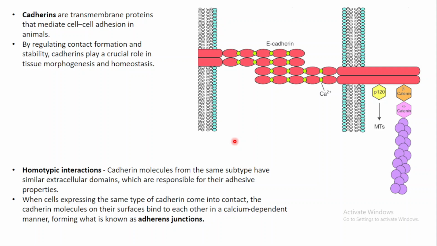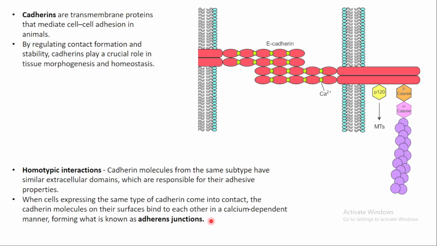Similar types of cadherins bind with homotypic interactions, and when cells expressing the same type of cadherin come into contact, the cadherin molecules on their surfaces bind each other in a calcium dependent manner, forming what is known as an adherens junction.